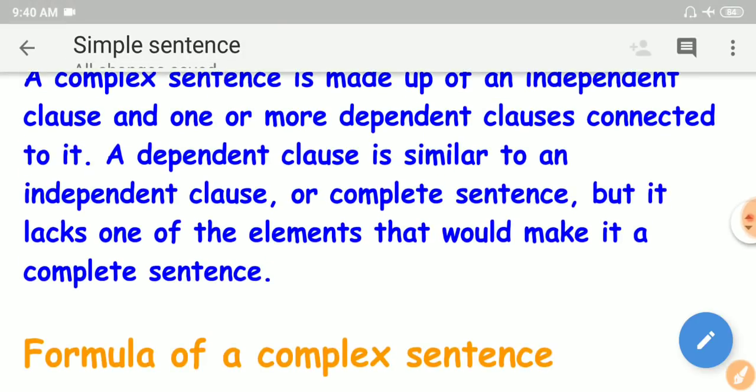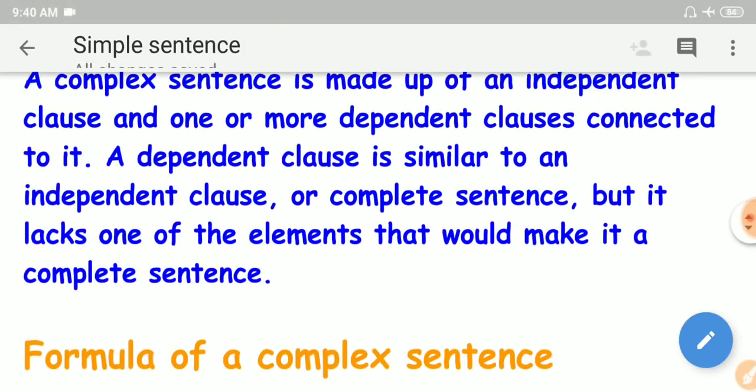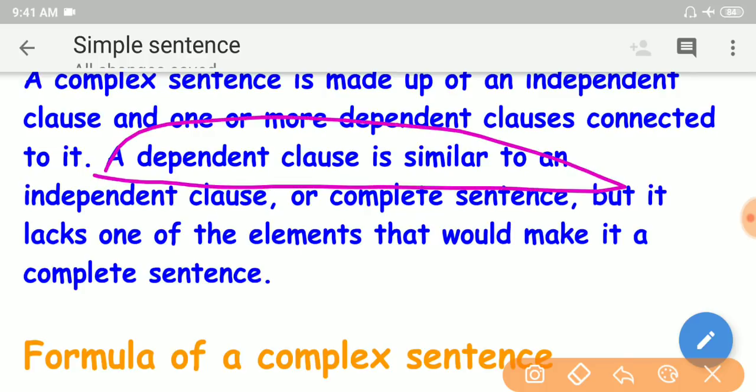A dependent clause is similar to an independent clause. So you can ask what is a dependent clause and what is an independent clause. Here, a dependent clause is also like an independent clause because it also must have a subject and verb and other things. At the same time, an independent clause also should have them.